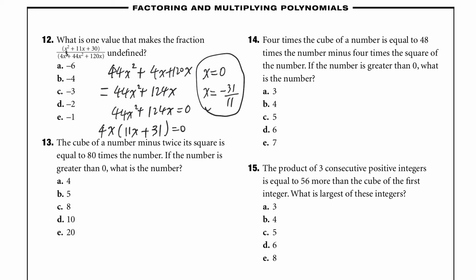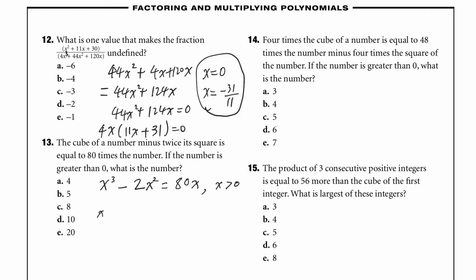The cube of a number, x is the number, minus twice its square, is equal to 80 times that number. If the number is greater than 0, what is the number?